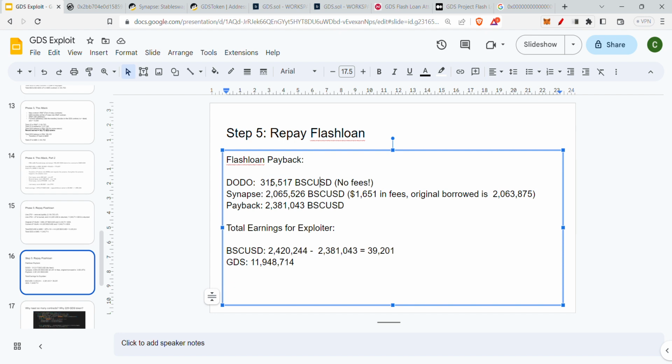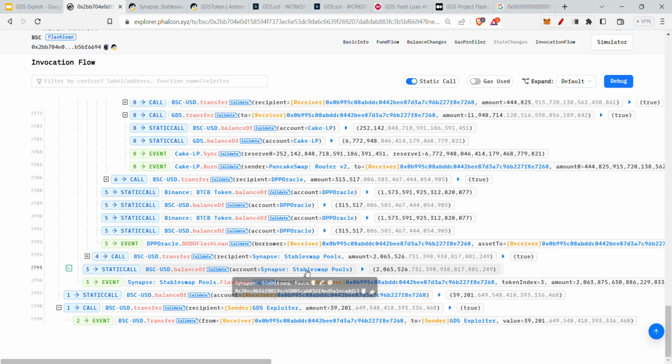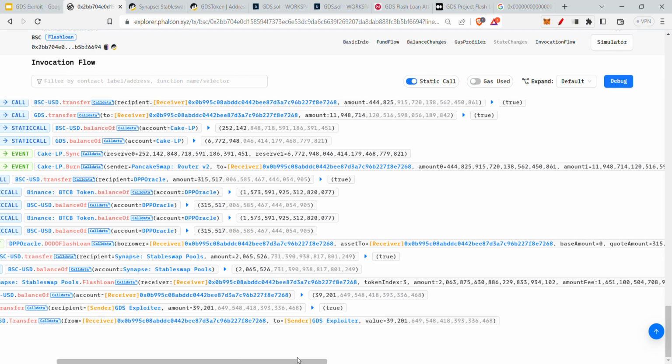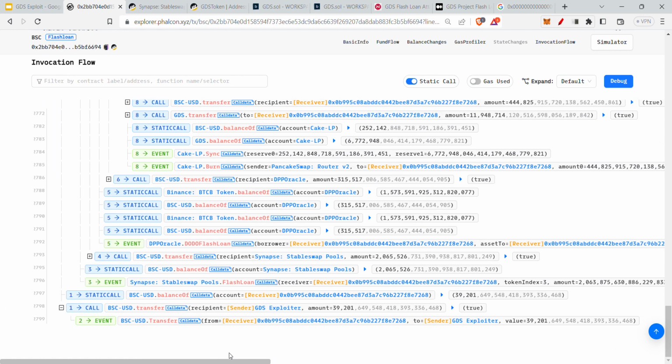So the cool thing about Dodo is that when you Flashloan from Dodo, you actually don't pay any fees. But for Synapse, you do pay a fee, right? He pays back the Flashloan here also, and then you realize that his Flashloan is 2.65, I think. Yeah, here.